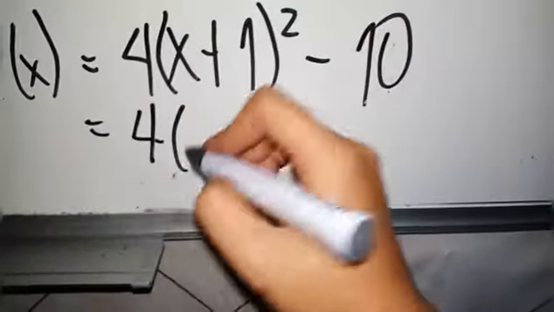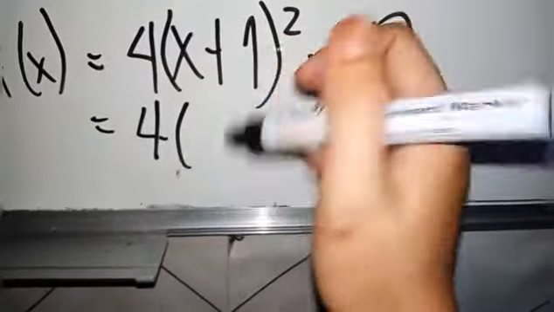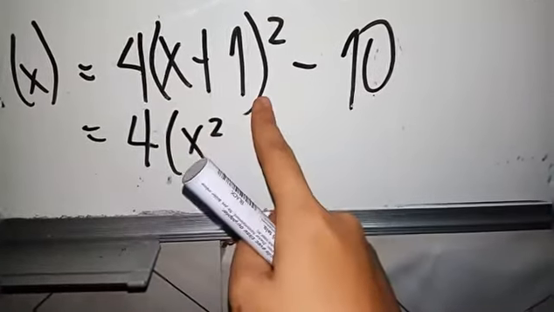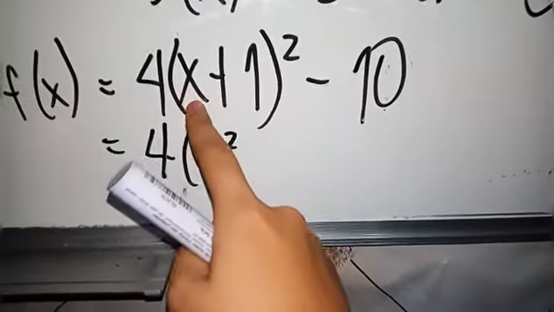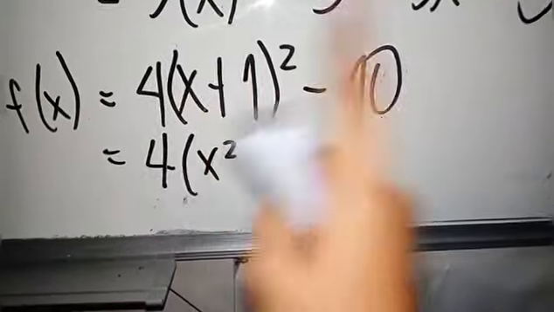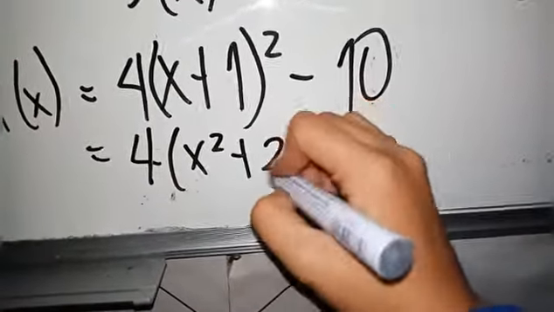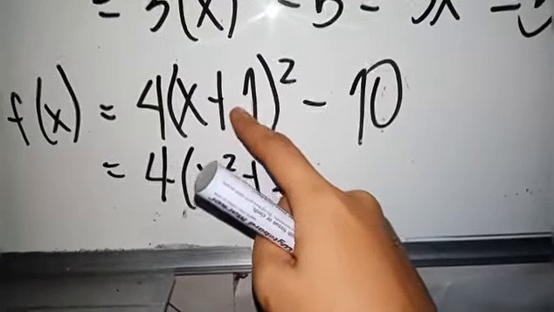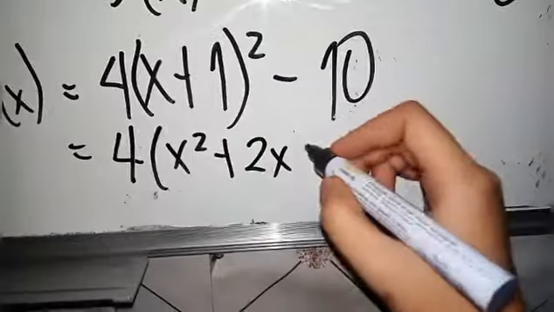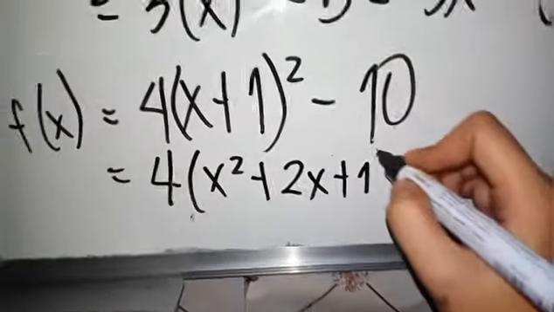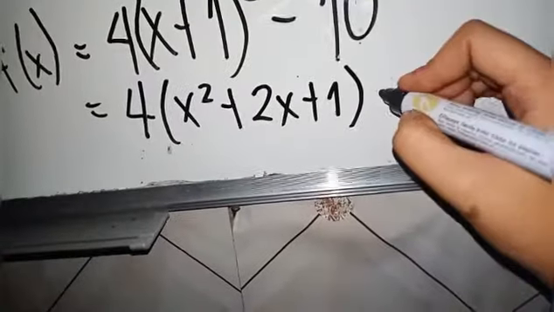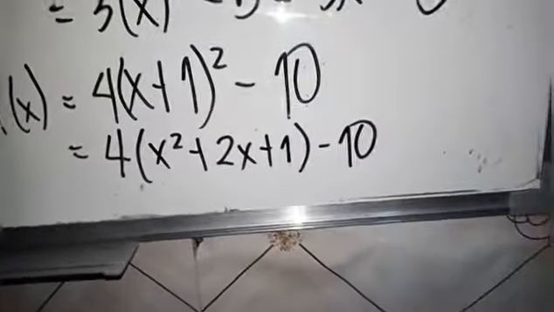So, we have square the first term. So, we have x square. Then, next is multiply the first term to the second term. So, 1 times x will give us simply x. Then, times 2. So, we have positive 2x. Then, the last one is to square the second term, which is the 1. So, 1 square will give us simply 1. Then, just copy lang natin yung ating negative 10.